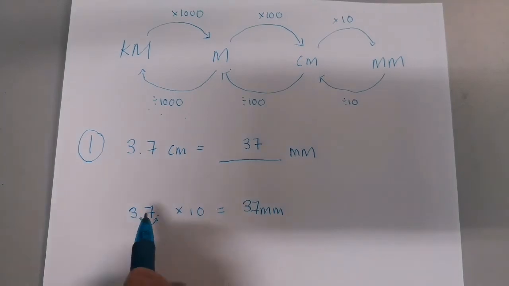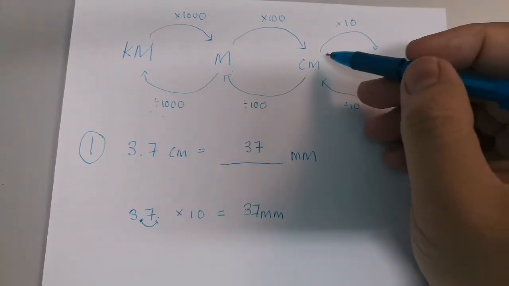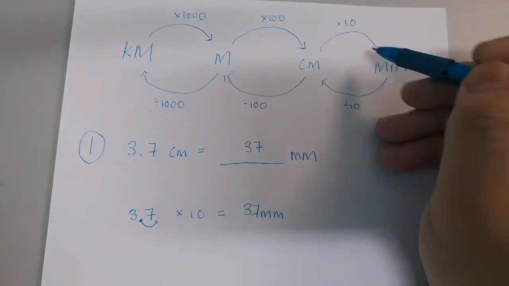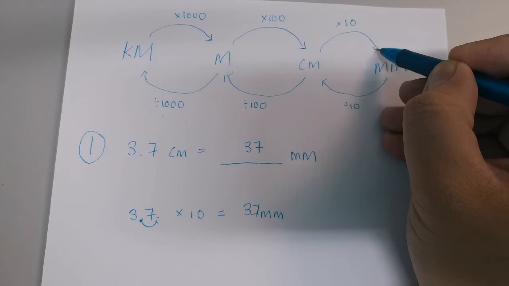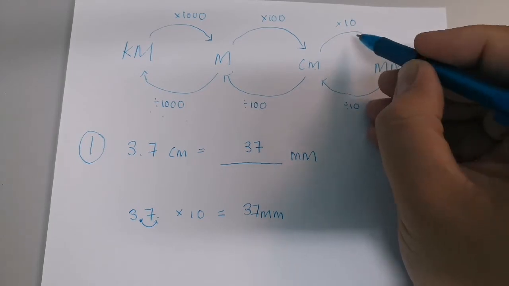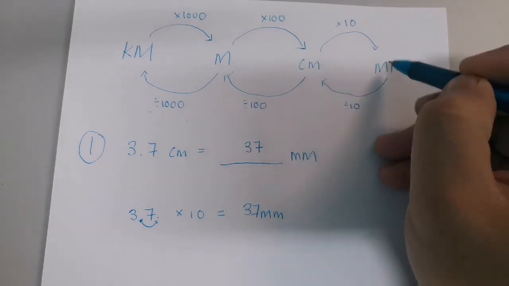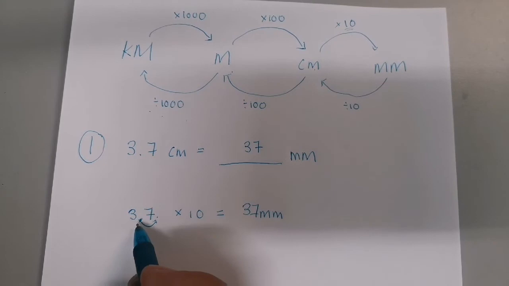As you notice, when I shift the decimal point to the right, you just follow the same formula given here, centimeter to millimeter. You will need to shift your decimal point to the right, because centimeter to millimeter you will need to times with 10. 3.7 is a small number.